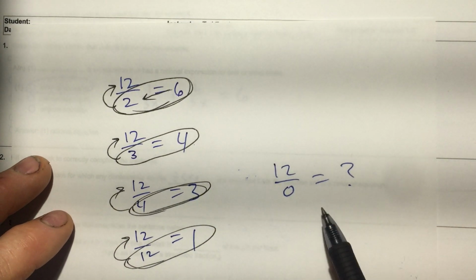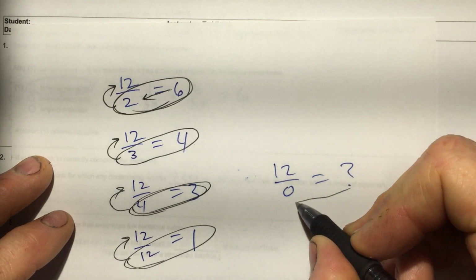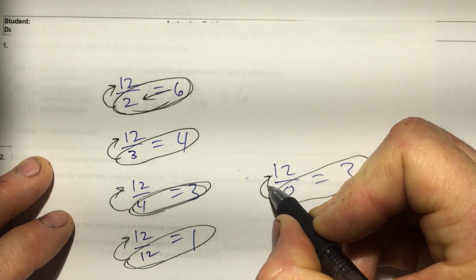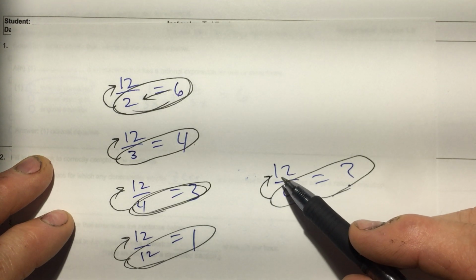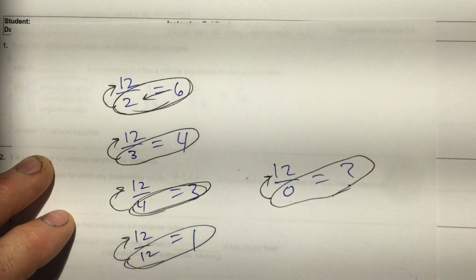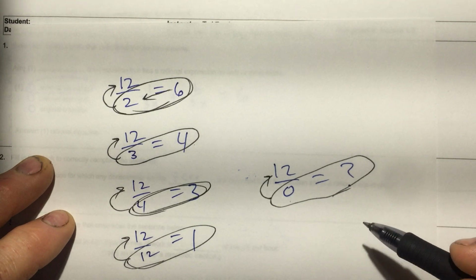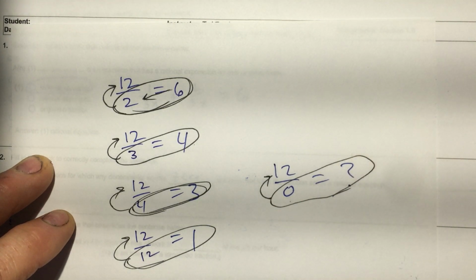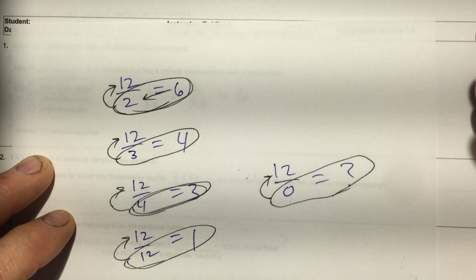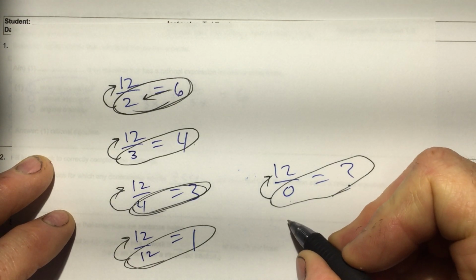Well, over here, what number times 0 is going to be 12? What number times 0 will give us 12? There is no number. This is a problem we have in mathematics, that there's no such value that does this.